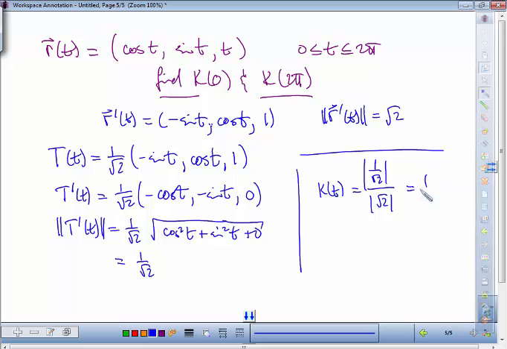Is that right? I thought it was going to be 1. I think the answer is 1.